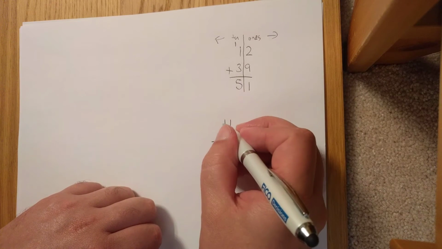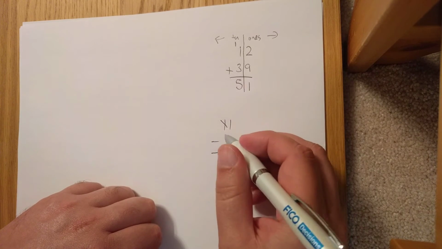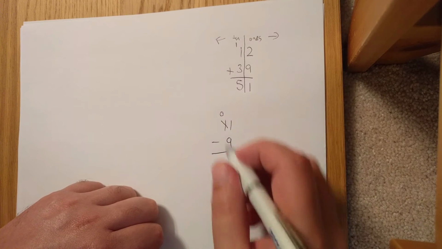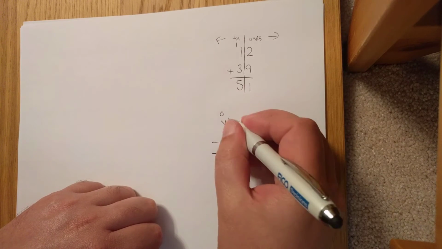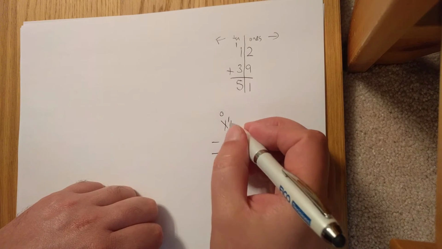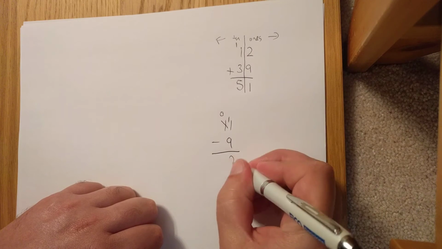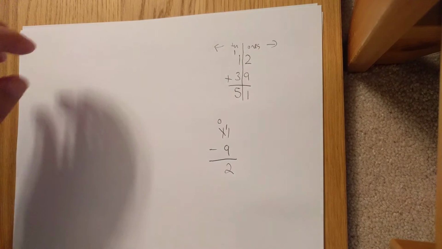So get rid of this, because that's a 10. So we're going to borrow, whatever that means. Like, you're going to pay it back? I don't know. So that's 0. And I take the 1 here, which again isn't a 1, but whatever, and I put it here, and now it's 11. Okay, and I've got 11 take away 9. It's what I had at the start.